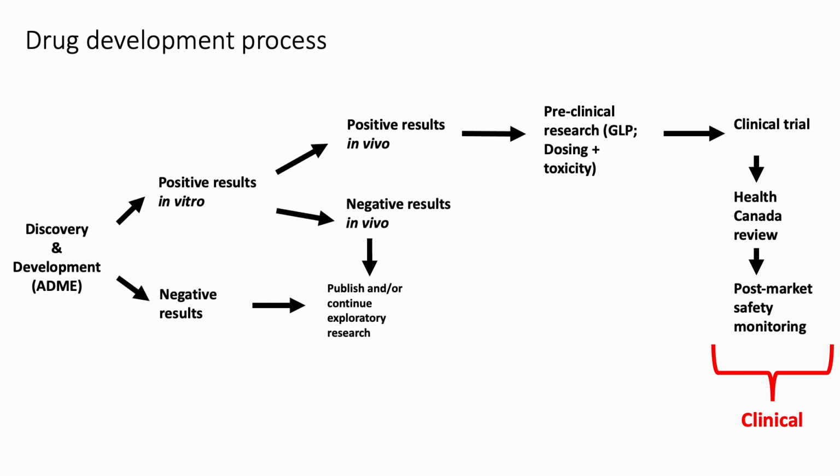This is why we cannot just have a low sample size of 100 or 200 patients in phase 2. We need to have more than 1,800, 2,000 patients in phase 3.